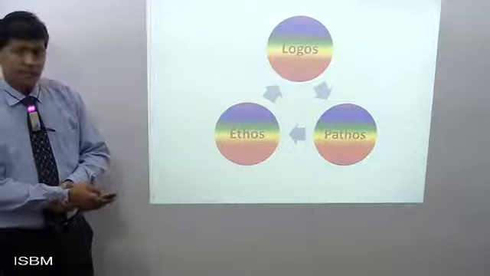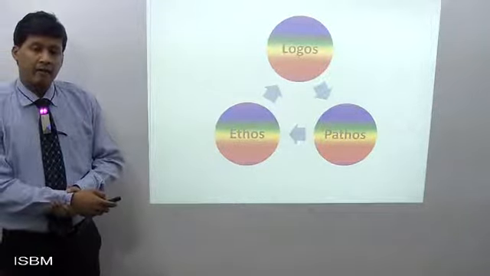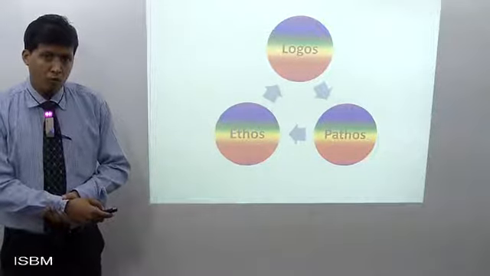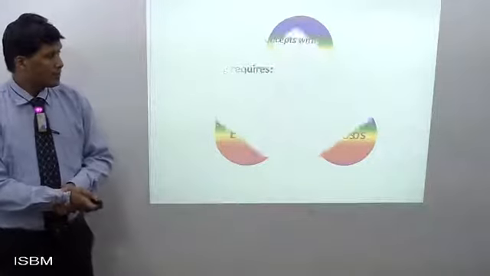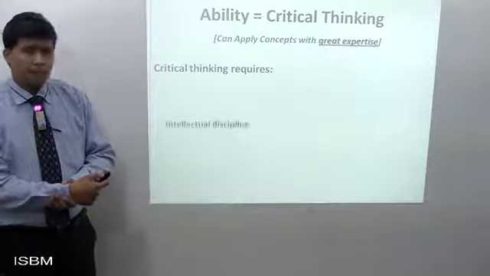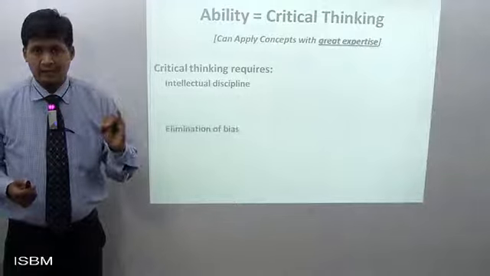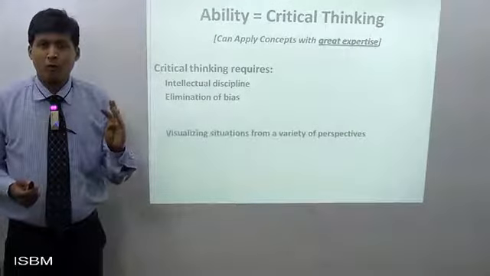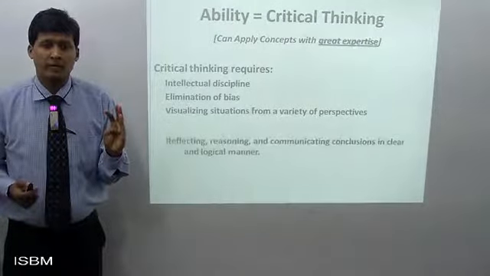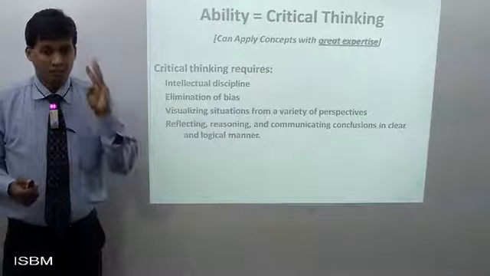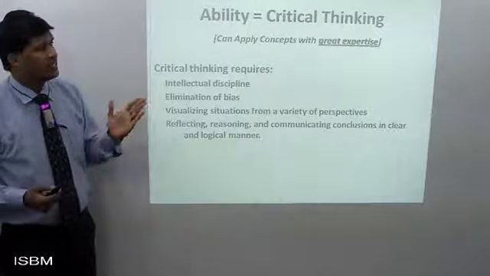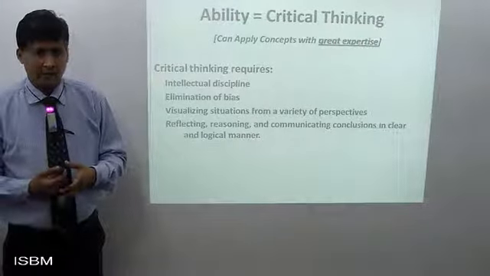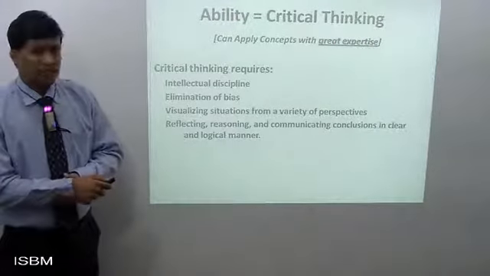The three aspects. If you want to be influencing managers who are more competitive, you need to infuse all of this. So one was knowledge, two was skill, and third is ability, for increasing managerial competitiveness. Now ability is the critical thinking that we are speaking of, the ability to apply concepts with great expertise.